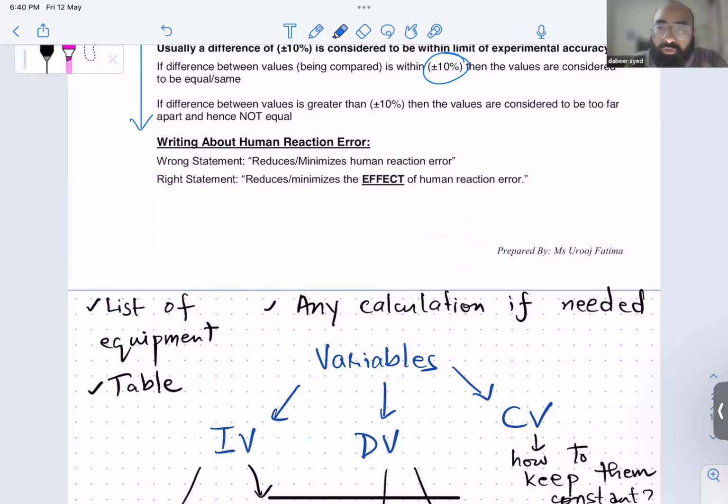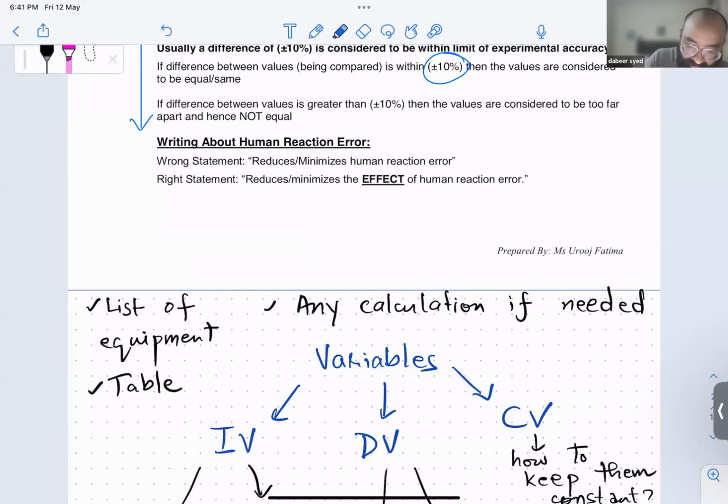Now, when you're writing about human error, what is the most common mistake over which people lose marks? They write generic statements in paper 4. So, misal ke taur pe, let's suppose you're taking time, and when you're taking time, you have a human reaction error.